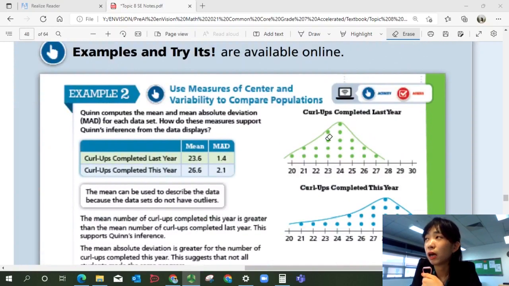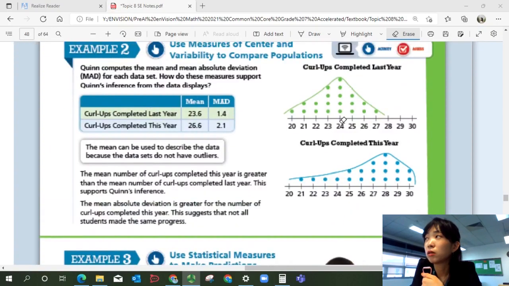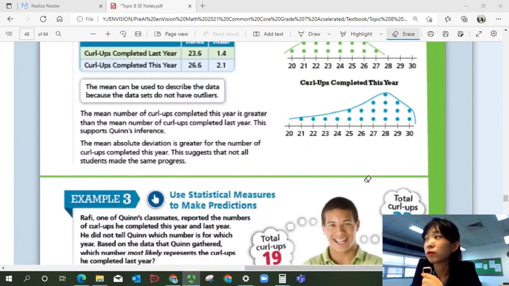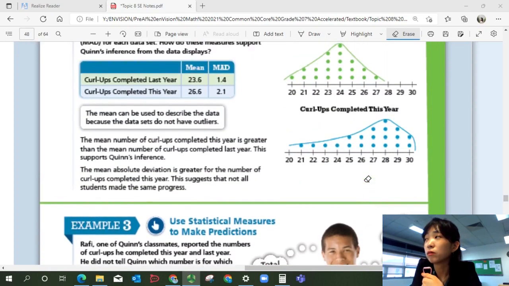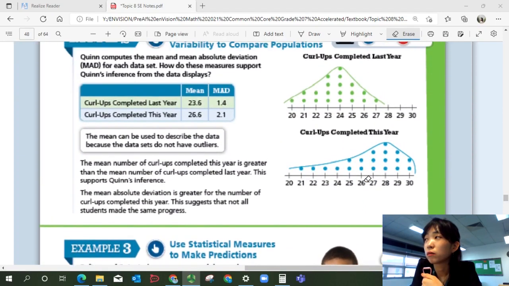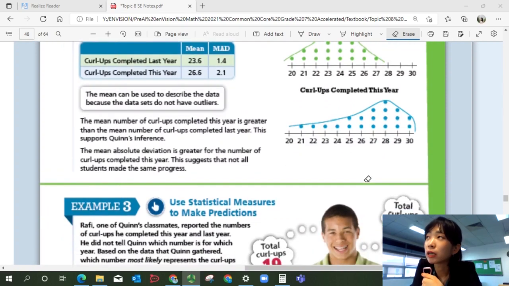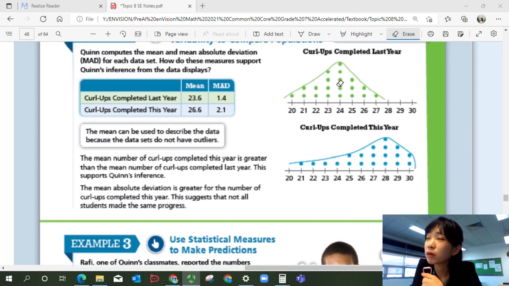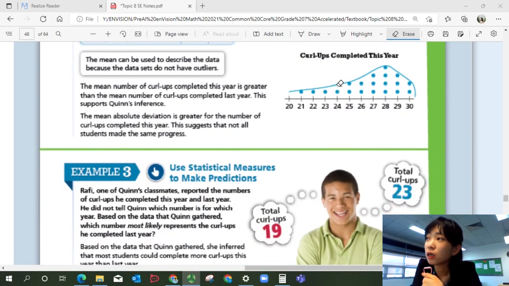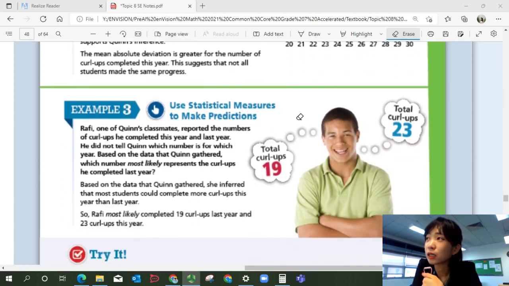If you look at the mean, you can also figure out the average data, right? But if you figure out the median, that could also be a representation of the data too.